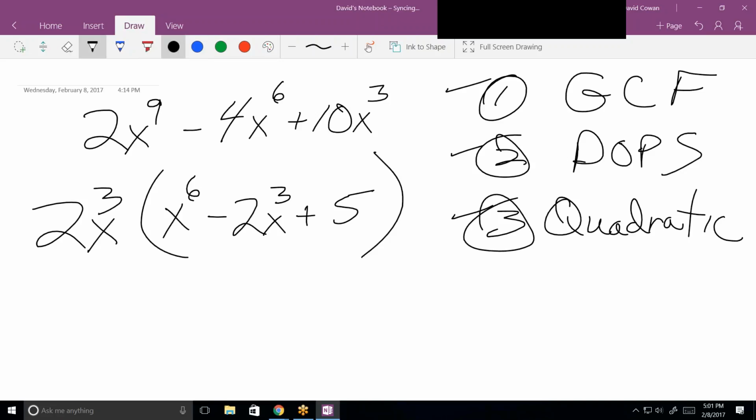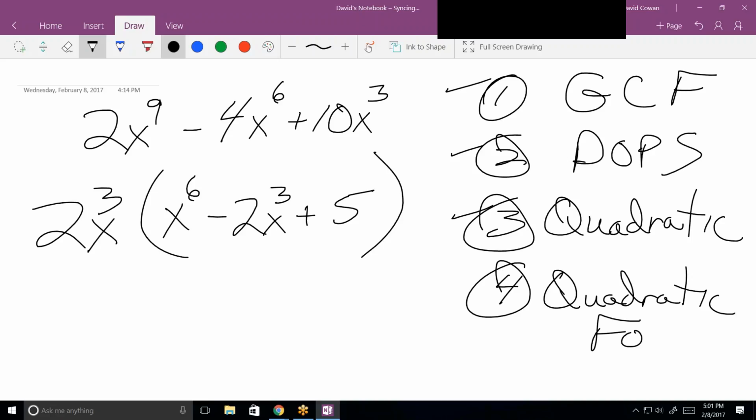I should list a fourth method up here, which is if all of these first three fail, then you have the quadratic formula. And that's really the order to go in. In other words, you try to factor it like a normal quadratic would, but if you can't, and I can't here, then I could apply the quadratic formula.